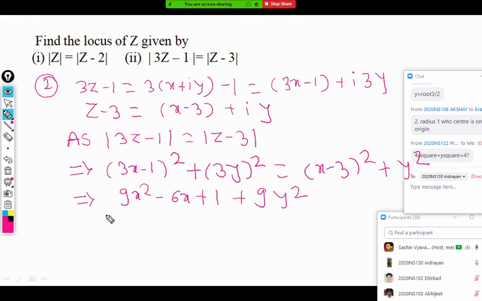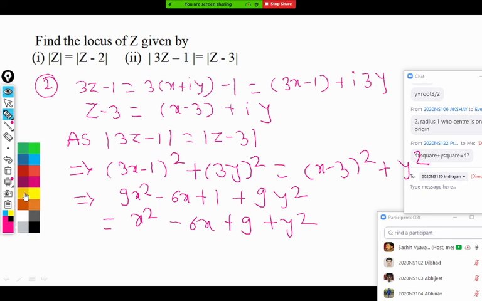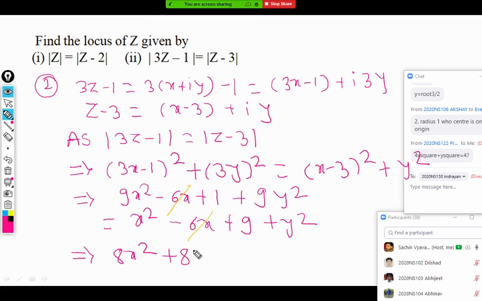On the right hand side, x square minus 6x plus 9 plus y square. Only the 6x gets cancelled, and the remaining step: 9x square minus x square is 8x square, then 9y square minus y square is 8y square, and 9 minus 1 is 8.